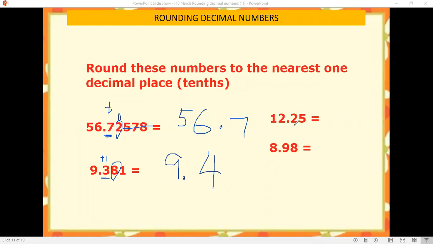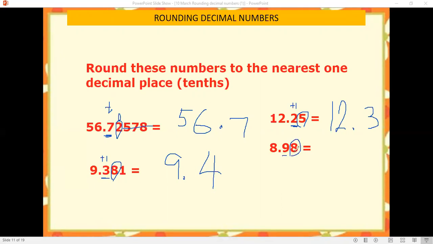So this is the one, okay? Or the tenths place. So now let's think about this one. It's 5. Oh, it's very obvious. It's 5. So therefore we will add 1 to the tenths digit. So the answer now is 12.3. Okay? And then now here, let's underline the tenths, and then let's circle the hundredths.